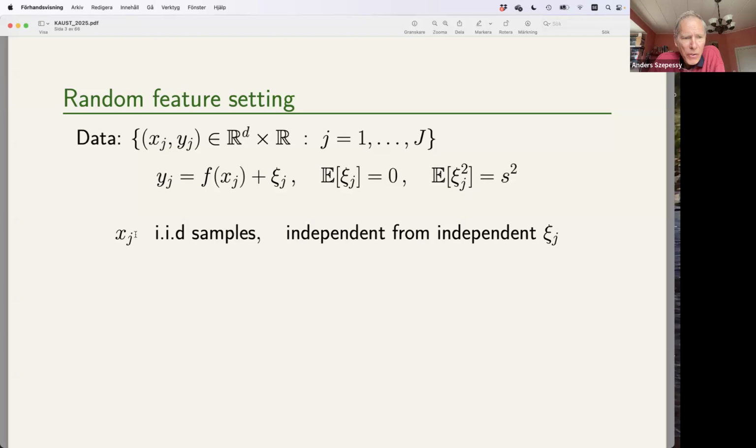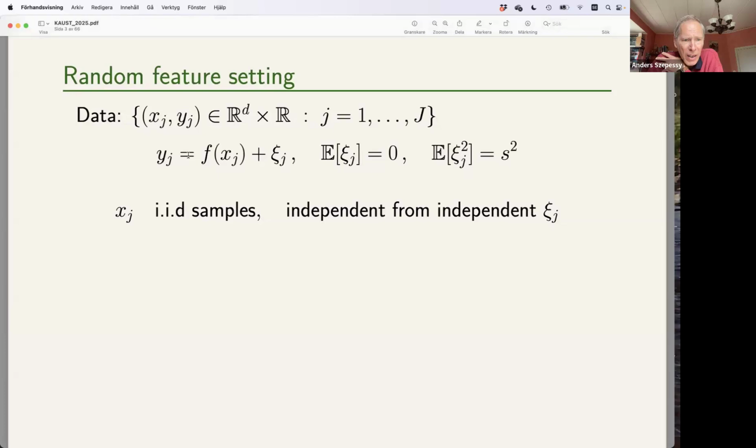So the sample points are identically independent samples, and they are also independent from the noise. That is the setting. And the random feature is about finding an approximation to this function f.